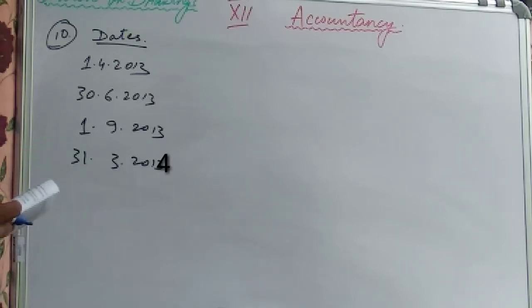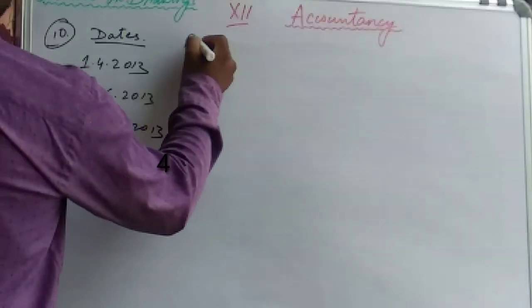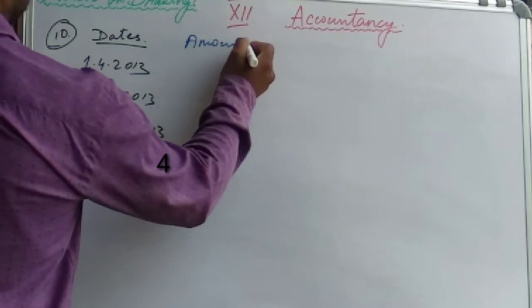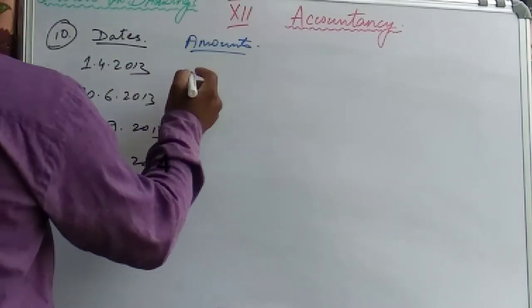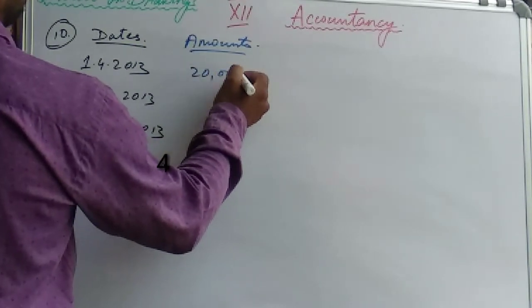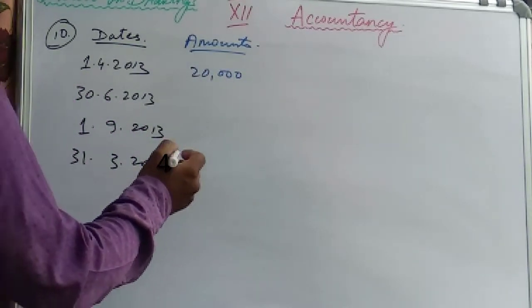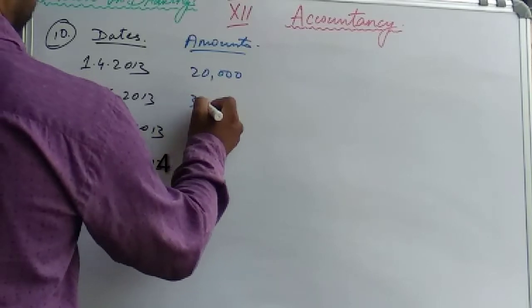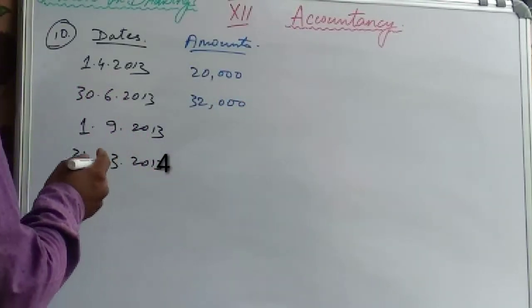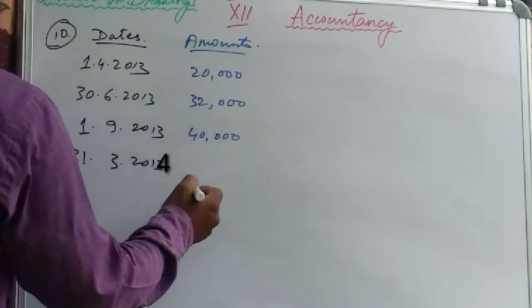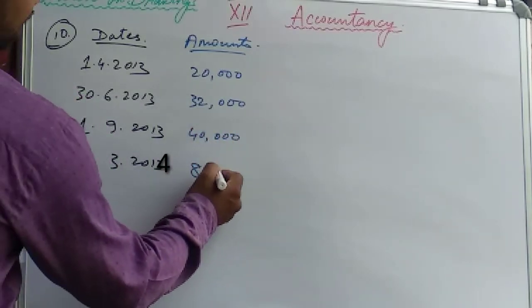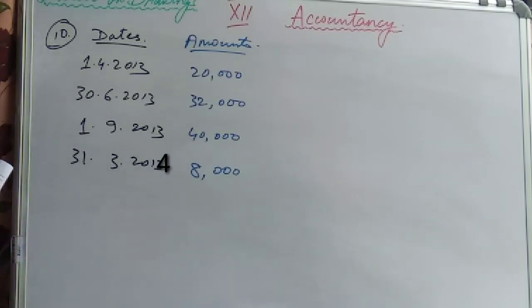And what are the amounts they are drawing? 20,000, 32,000, 40,000, and lastly 8,000.